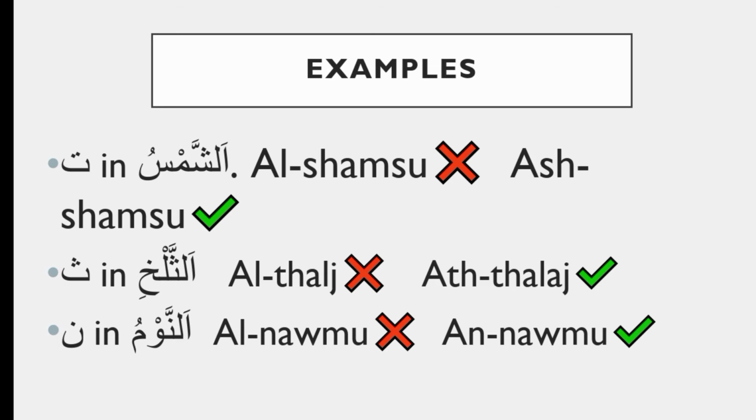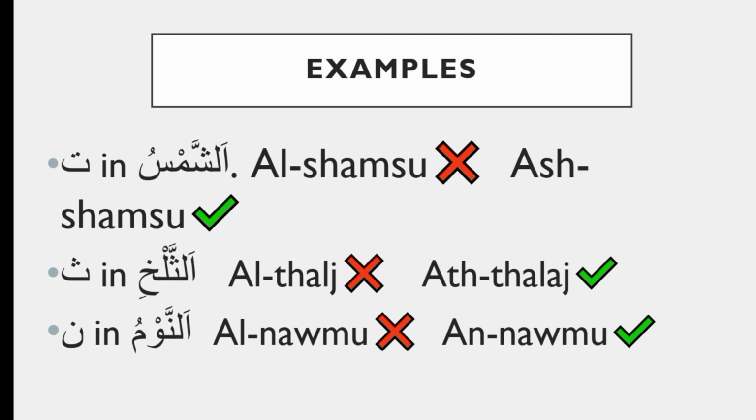Like here we have ashamsu. As you can see here, it is never pronounced as al shamsu. When you say al shamsu, you are not giving the shin shadda, and then you are pronouncing the wrong thing that way. So here we also have athalji. I made a mistake, I read athalaj. Athalji.